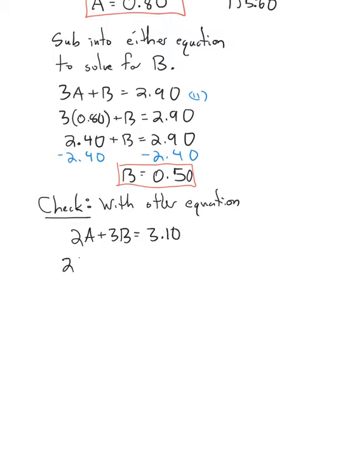So we get 2 times 80 plus 3 times 50. Does that equal? And whenever I'm checking things, I like to put a question mark over my equal sign to say, this is what I'm checking. I don't know if this equals holds. That's what I'm trying to find.